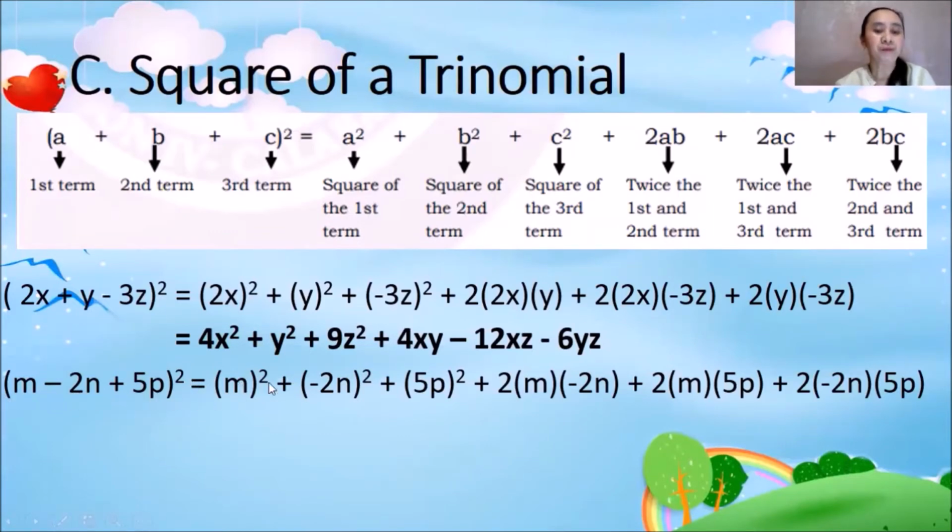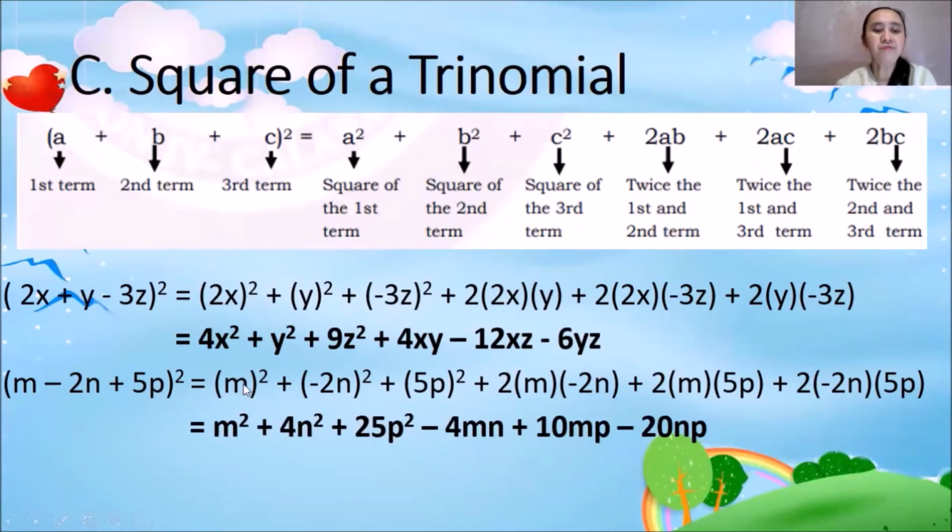Square the first term m squared, square the second term, negative the quantity negative 2n squared, plus the quantity 5p squared, plus 2 times the product of the first term and the second term, kaya m times negative 2n, plus twice the product of the first term and the third term, kaya 2 times m times 5p, plus twice the product of the second term and the third term, kaya 2 times negative 2n plus 5p.